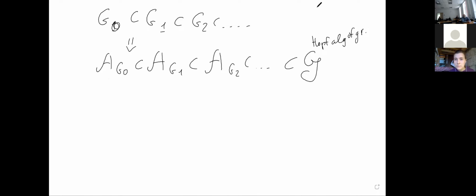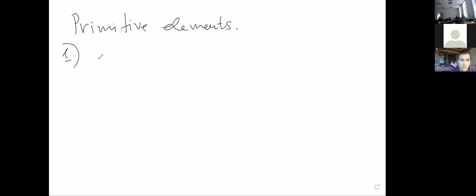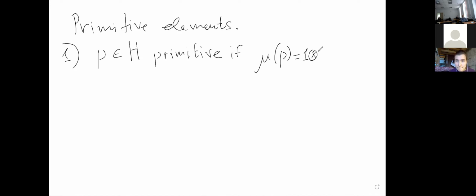Okay, now I will speak about primitive elements. The element of a Hopf algebra is primitive if, it's a definition, so this is true.